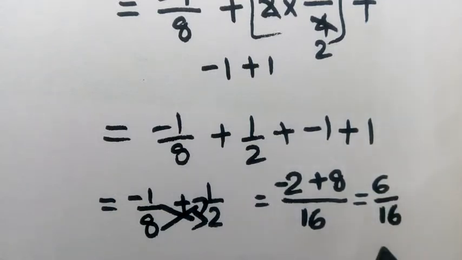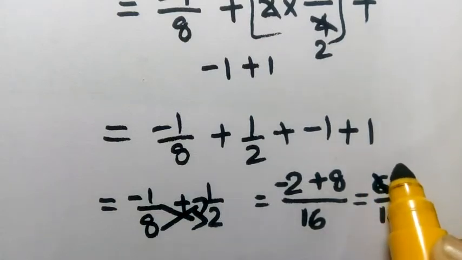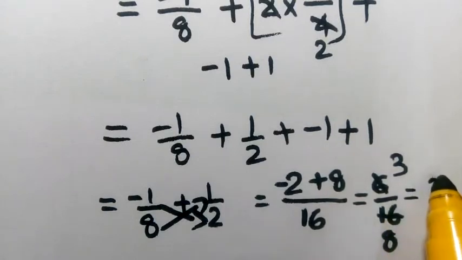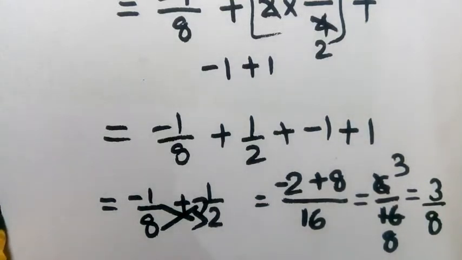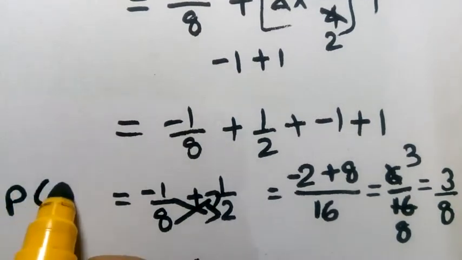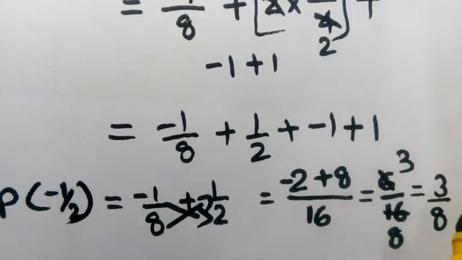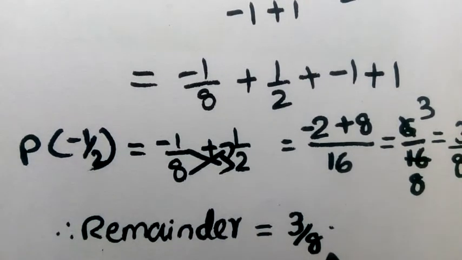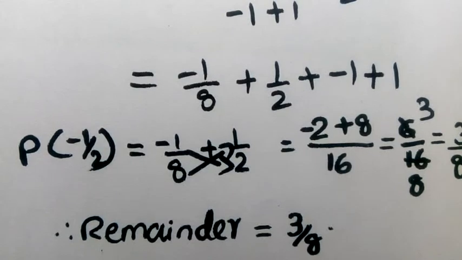If you find the lowest form of 6 by 16, then we will get the answer 3 by 8. 2 is the common factor. So the lowest form of 6 by 16 is 3 by 8. So P of minus 1 by 2 is equal to 3 by 8. Therefore the remainder is equal to 3 by 8. So children, remainder theorem helps us to find the remainder without doing long division.